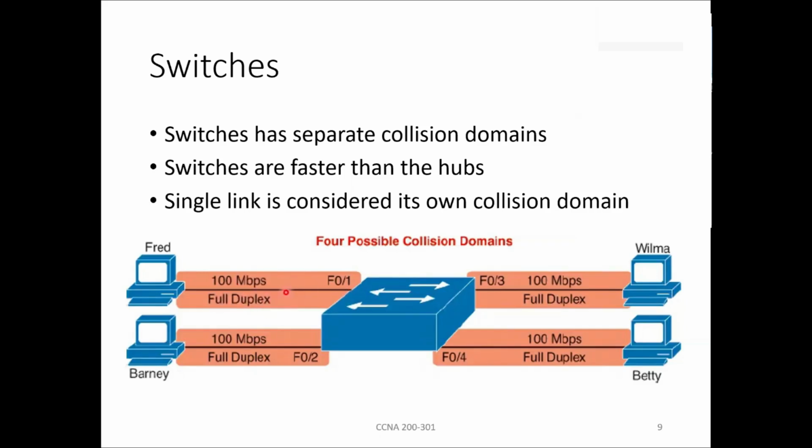Any communications you do in here will not be shared by other links. So that's called a collision domain. So if this switch has 4 ports, it has 4 collision domains.